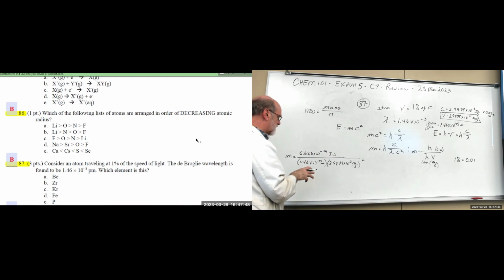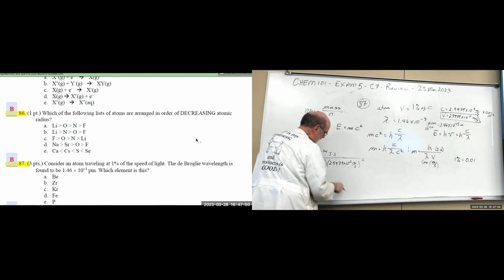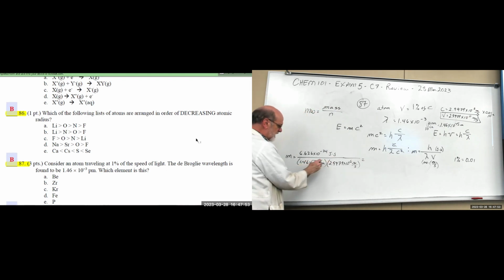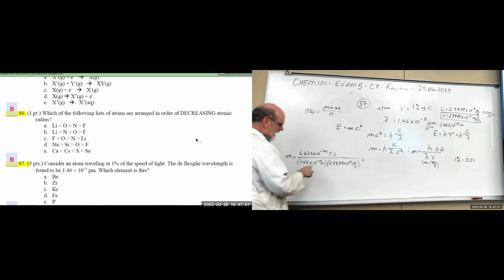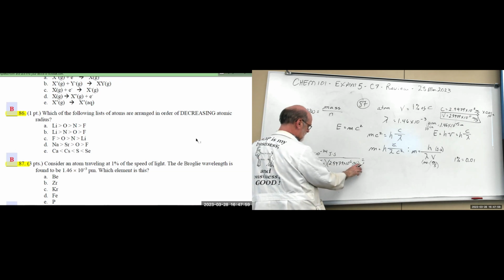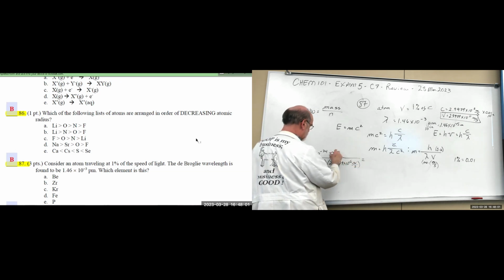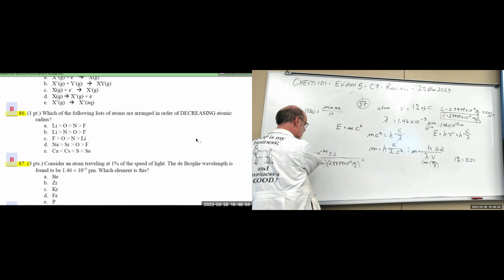But what are the units going to be? Well, this is one of those cases where the meters cancel fine, and the seconds become seconds squared, so joule seconds squared.